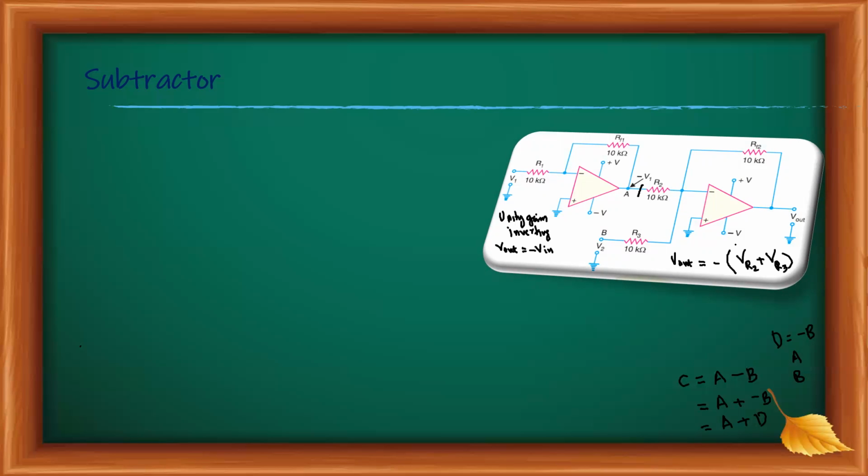So when we give the values here, VR2 is equal to minus V1 and VR3 is equal to V2. Then minus of (minus V1 plus V2) must be equal to V1 minus V2. So here we use a summing amplifier with a unity gain amplifier to obtain the subtraction.